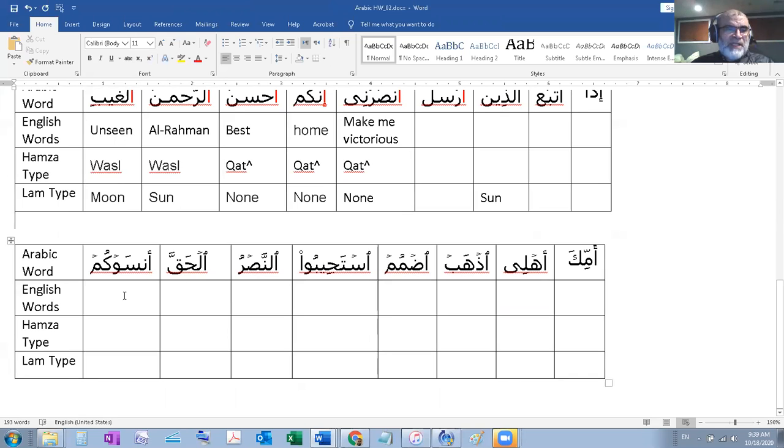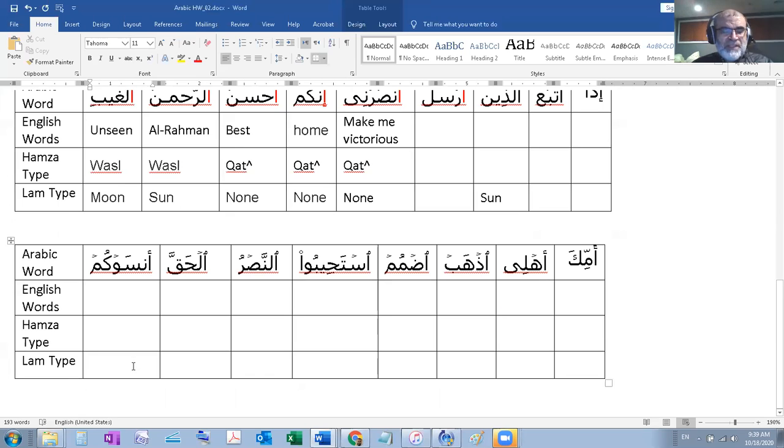The Arabic word, the English word, the type of the hamza, the type of alif lam. Here it's not applicable. Here it is qamariyya. Here it is shamsiyya. Here it is not applicable because I don't have alif lam.